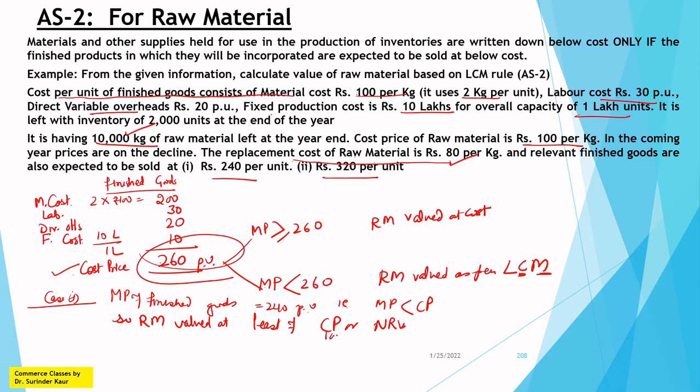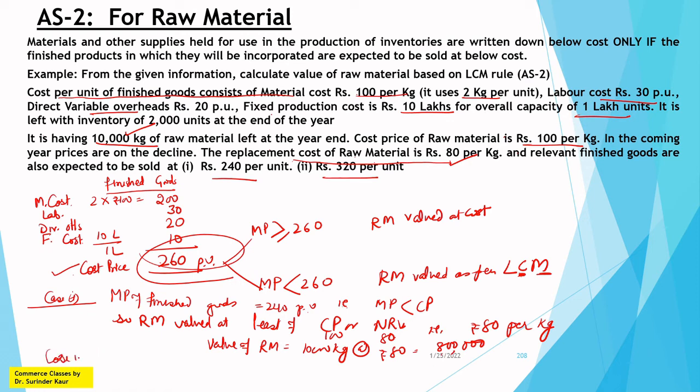Cost is 100, replacement cost is 80, so that is at rupees 80 per kg. So the value of raw material will be 10,000 kilograms at the rate of 80 rupees. Herein the LCM rule will be applicable.